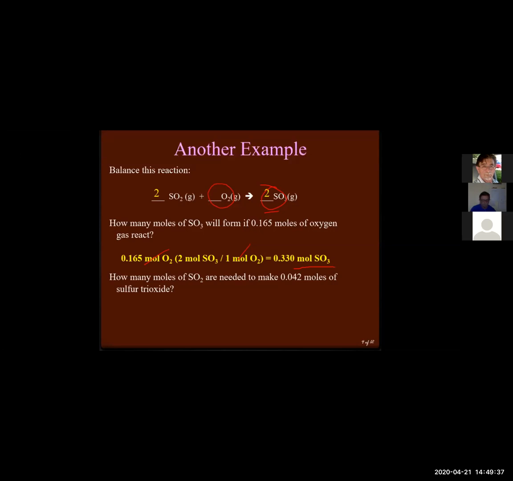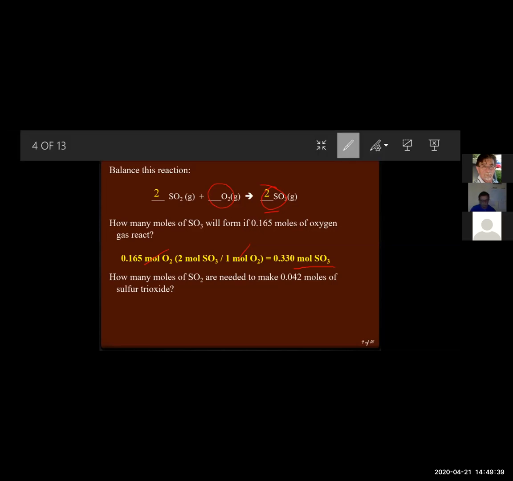Okay, now the next one says, let me erase some of this. How many moles of sulfur dioxide are needed to make 0.42 moles of sulfur trioxide?